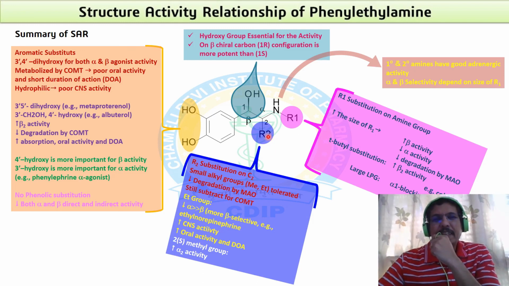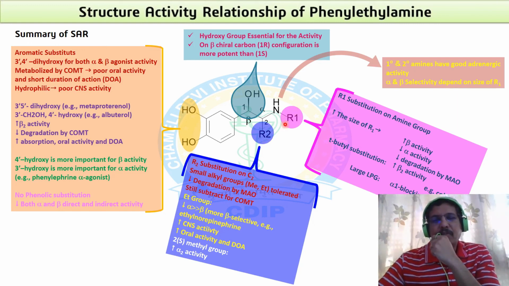Then another change occurs on the alpha carbon, that is R2, with different types of substitutions, especially methyl and ethyl. Methyl is favored for alpha agonist activity, while ethyl is favored for beta agonist activity.